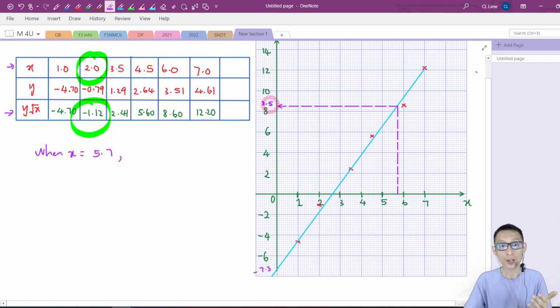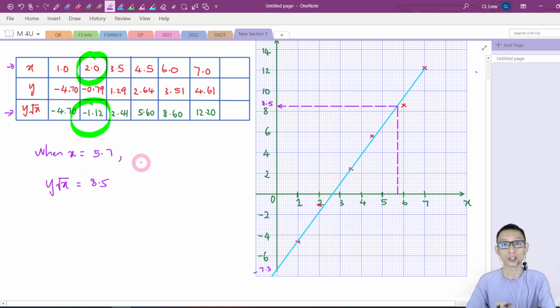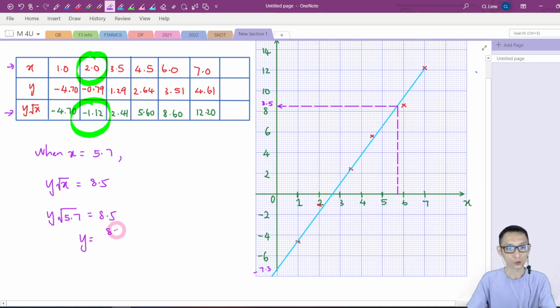The 8.5 here is y times square root of x. So y times square root of x is equal to 8.5. But the question is asking y. So what do you need to do? You need to do some calculation. So x is equal to 5.7, right? So I'm going to substitute the value of x inside here, and then do some calculation.